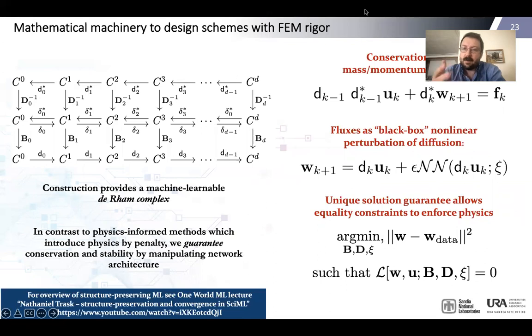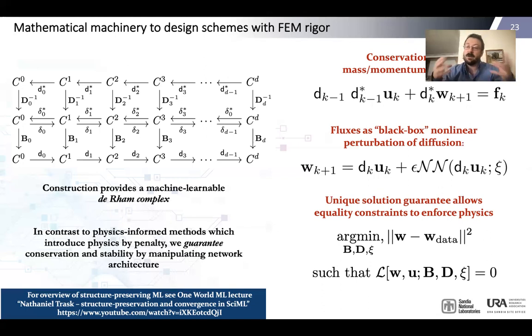And so how do we build a model out of this, right? You can make an ansatz that there is a conservation principle underlying the fields that you'd like to machine learn. And then you're going to machine learn fluxes here. We're going to machine learn these generalized fluxes in terms of a diffusive flux. This is like working with artificial viscosity. This gives you a nice elliptic, stable building block that facilitates analysis. And then you have this black box neural network thing that we assume no a priori structure for.